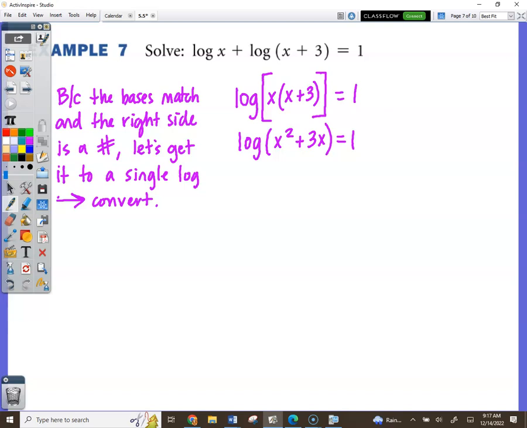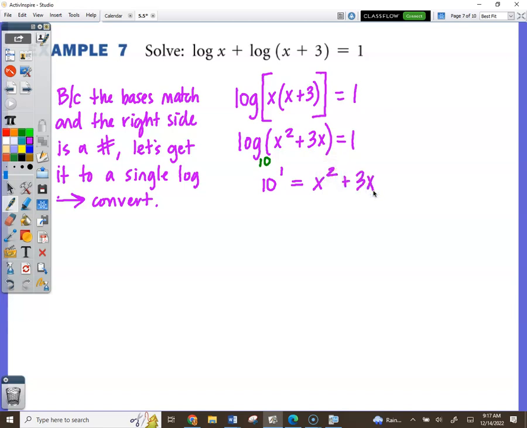What's the base again? It's an understood 10. It might help to put the 10 there now because you're fixing to all of a sudden see a 10 appear. Write the conversion. What would it be? 10 to the first power equals x squared plus 3x.